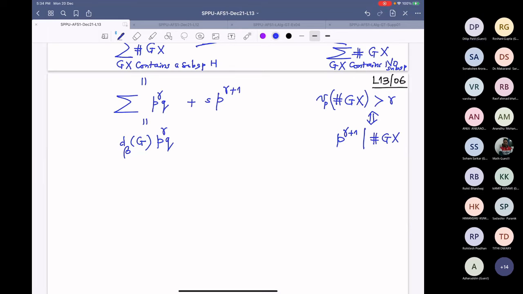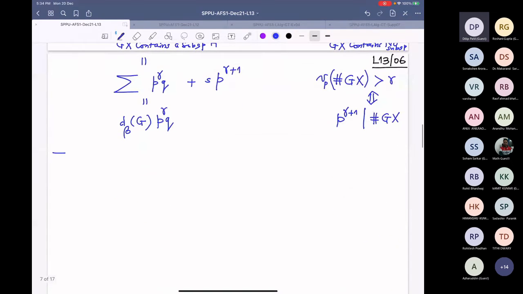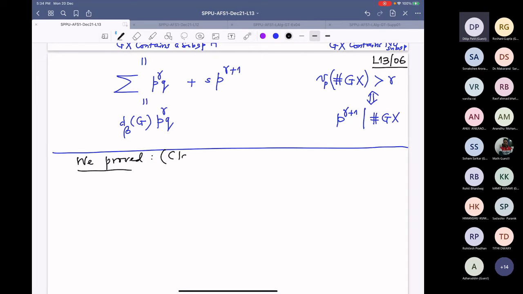Understood? So we have proved a very nice formula. I will write the formula and then you tell me whether you agree or not. If you want, this is the class equation.